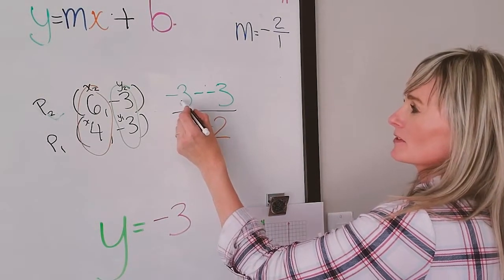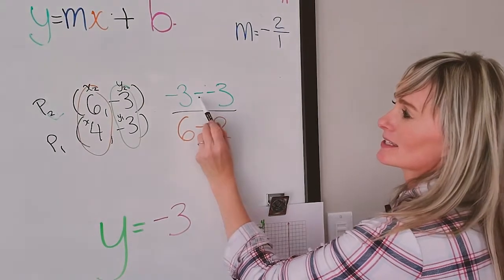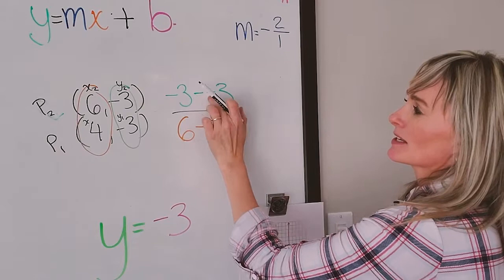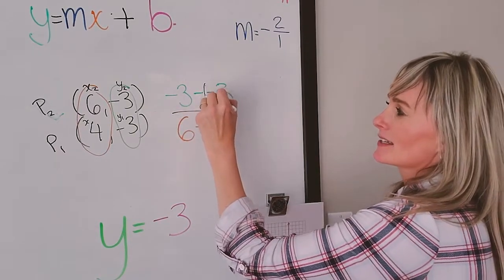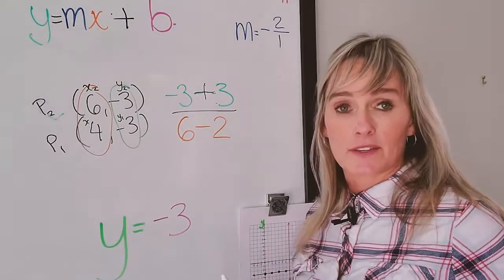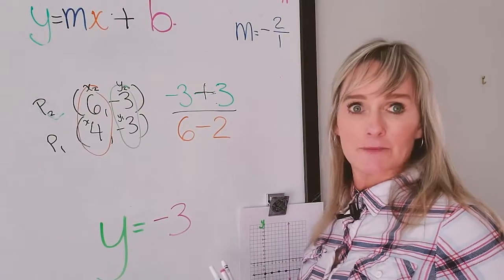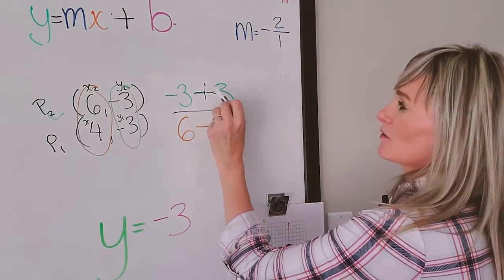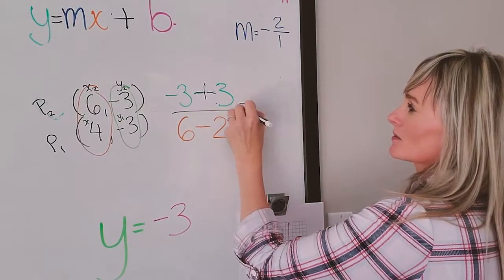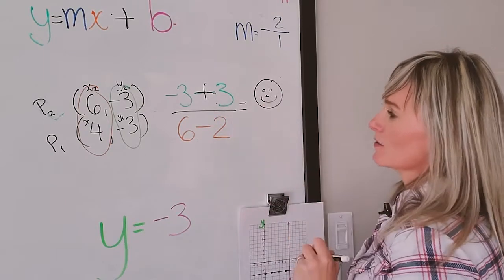First of all, let's say you spent $3, and then someone came along and said, I'm going to take away your -$3, because they're taking away your debt. It's like they added it. So when we have 2 negatives like that, it's like a double negative. Like if I said to you, don't not love math, I actually mean love math. So a double negative ends up making a positive. So -3 plus 3 equals a big fat 0.